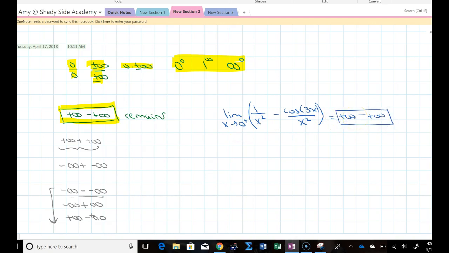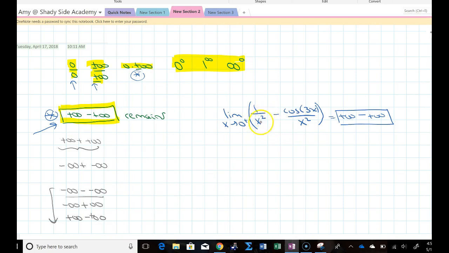Now, this indeterminate form is similar to this indeterminate form in that your goal is to rewrite the argument in a form that will allow L'Hopital's rule, okay? But I'll be the first one to tell you that between these two, this one tends to be more of a pain to just figure out exactly the right way to get it into an indeterminate form that allows you to use L'Hopital's. You'll notice a couple of themes that come up, however.